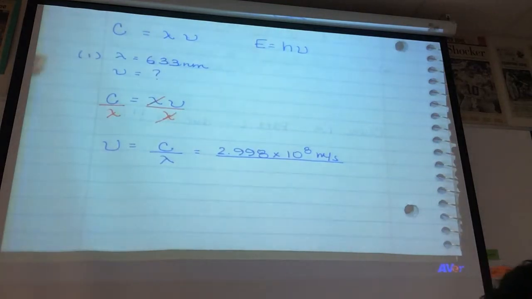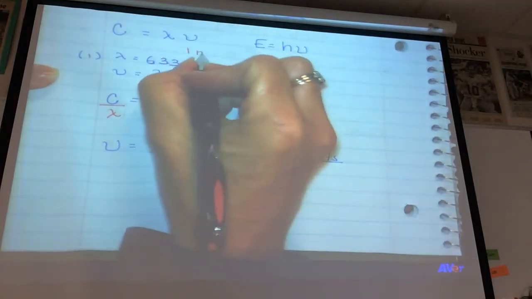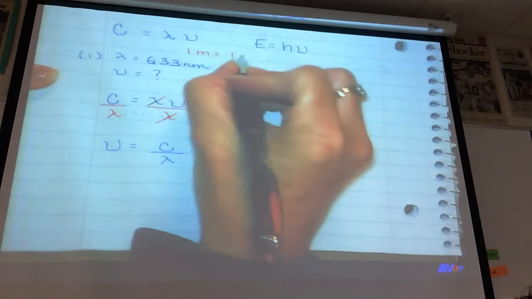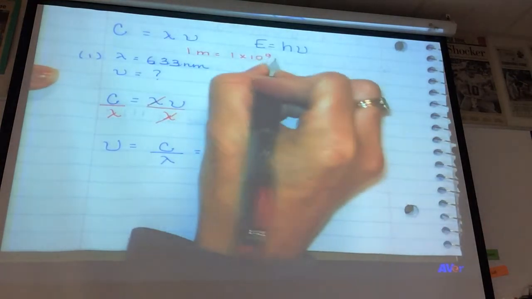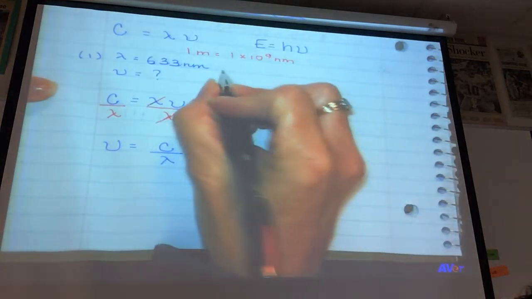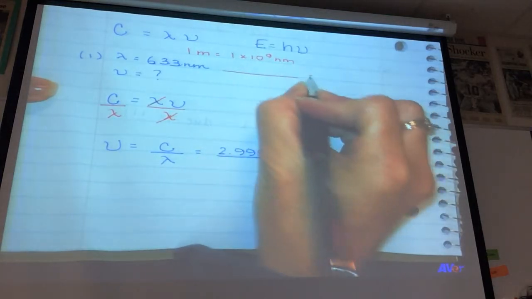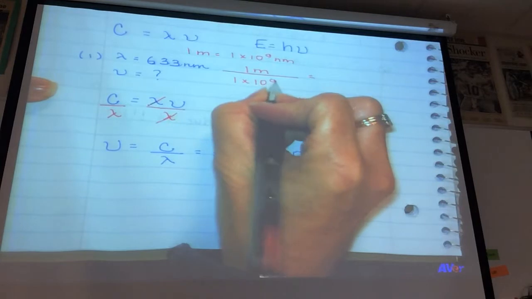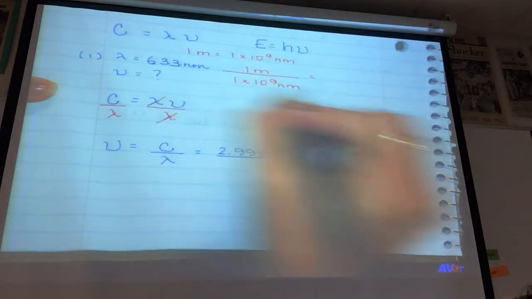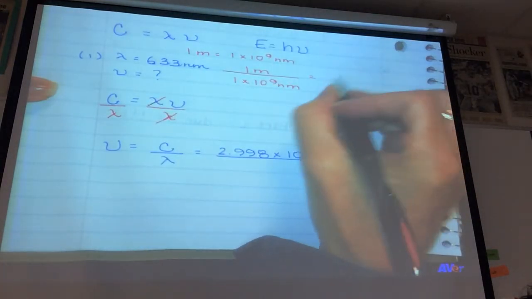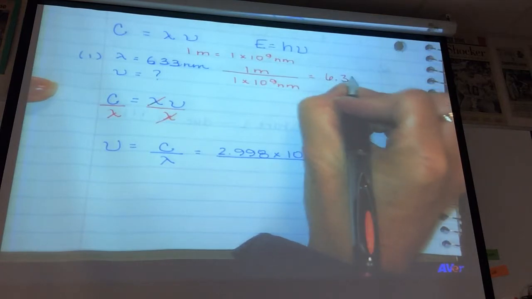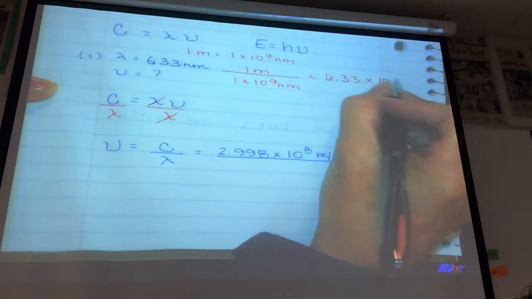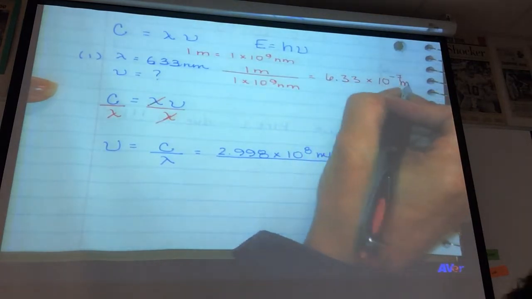You should recall that 1 meter is equal to 1 times 10 to the 9th nanometers. I'll give you that conversion. And then you can convert nanometers to meters by dividing by 1 times 10 to the 9th, which is 6.33 times 10 to the negative 7th meters.